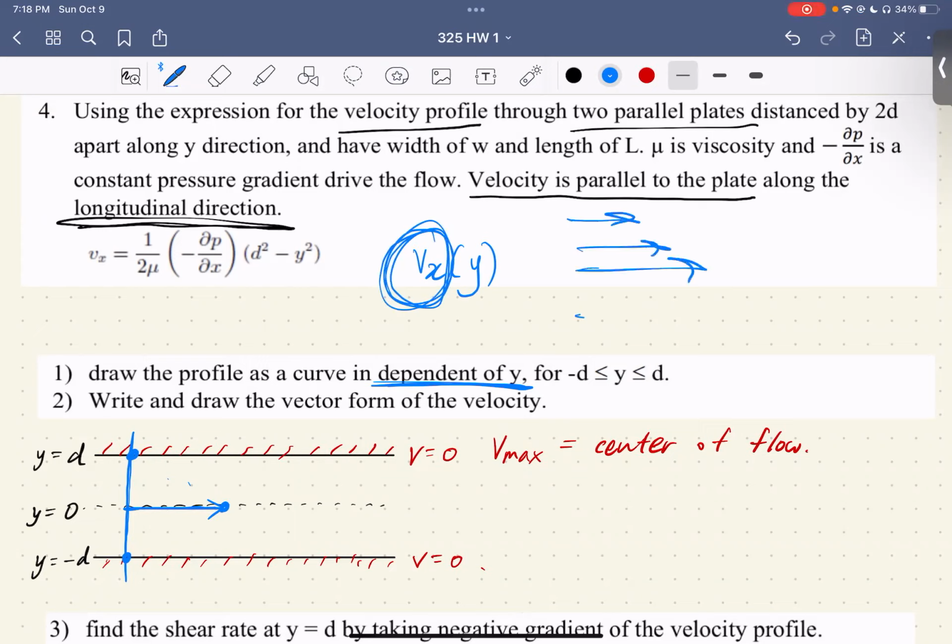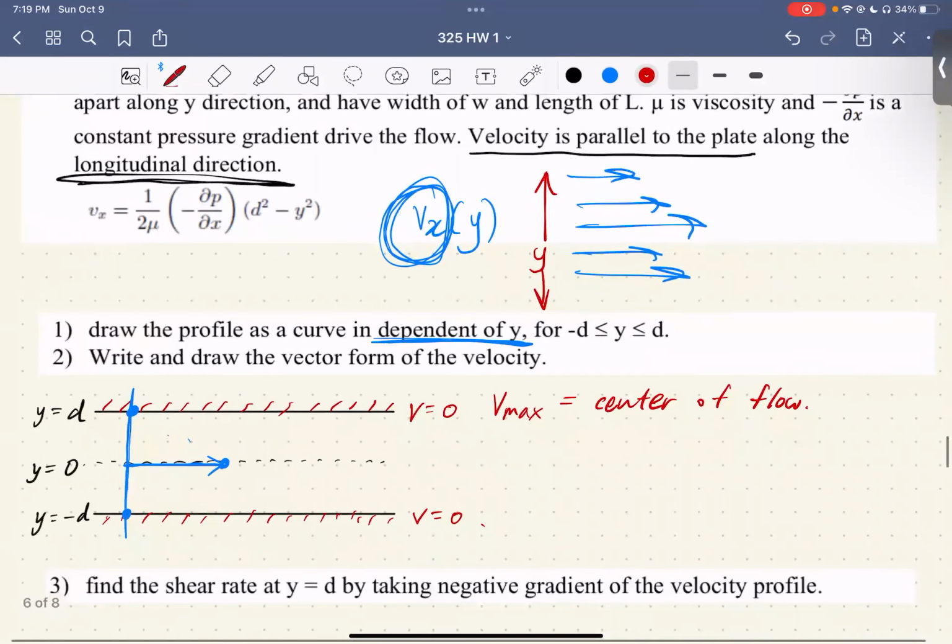This is x direction, is dependent on your position in the y direction. Great. So just write the vector form of the velocity and draw it. It's not rocket science, it's all on the screen. So I hope you guys can understand and figure it out.